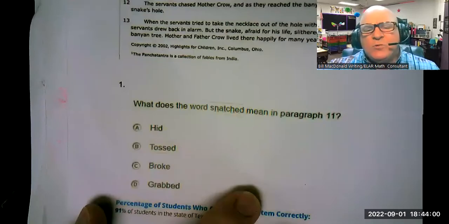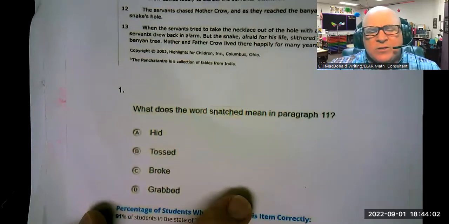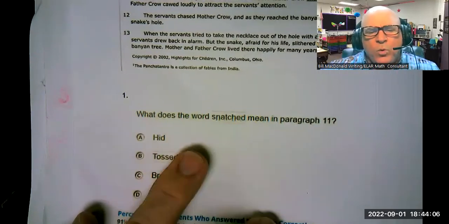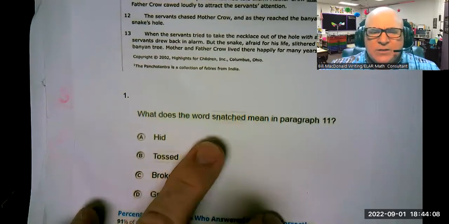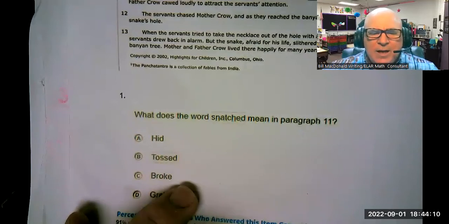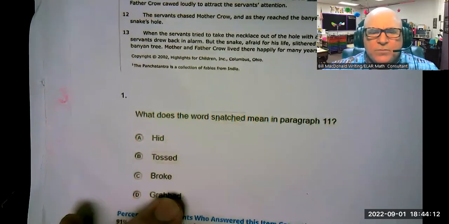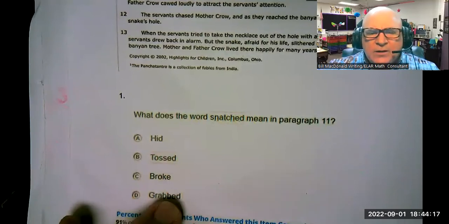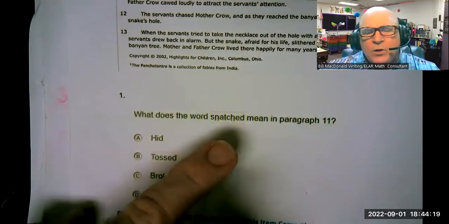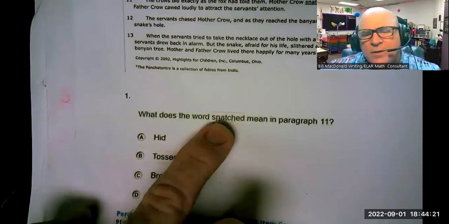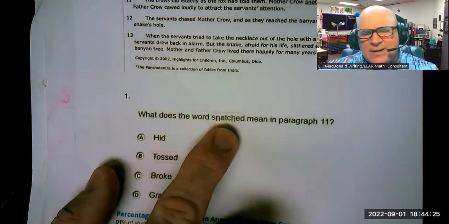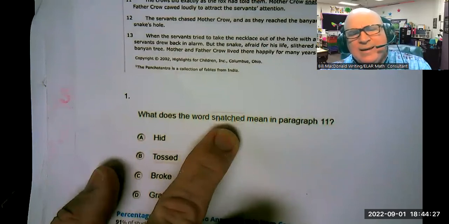Or if you switch this around, it could ask, which word in paragraph 1 means the same as grabbed? And because the answer is going to be snatched, that would be a term that I would probably make sure my students add to their vocabulary.